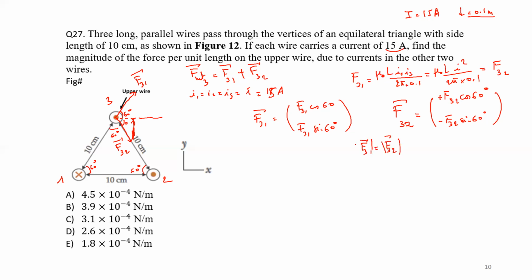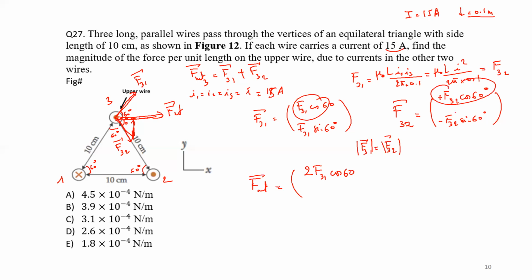So my F net, you can see that this length here is the same as this length here. So my F net will be effectively along the X direction. I will have just 2 times F31 cosine 60 degrees, which is this plus this.